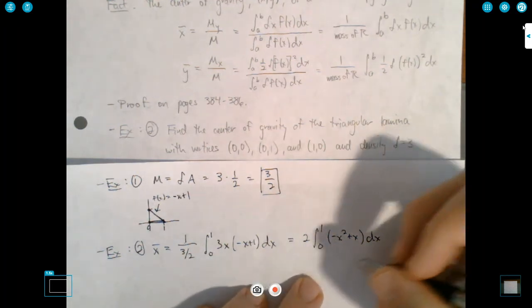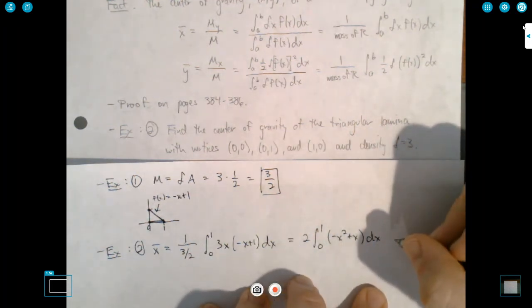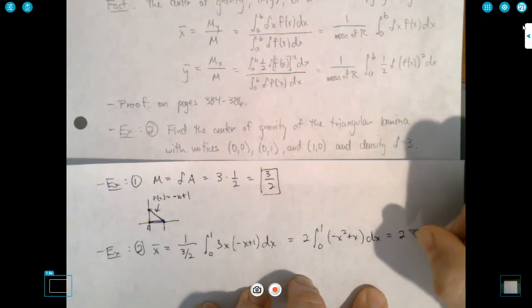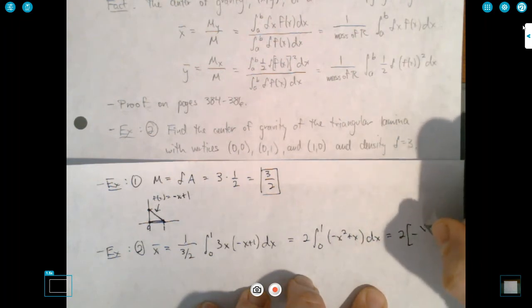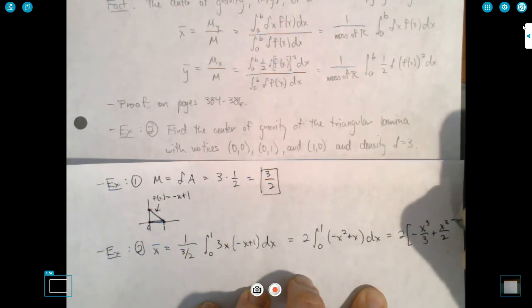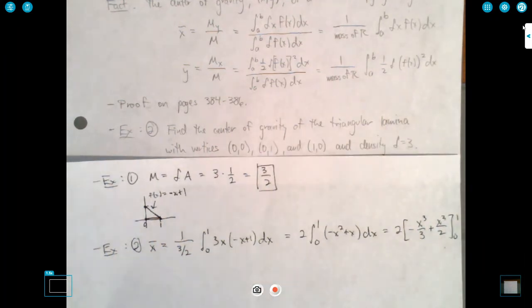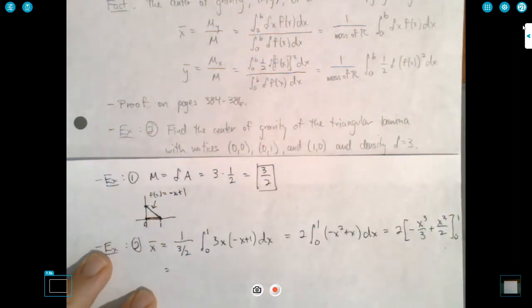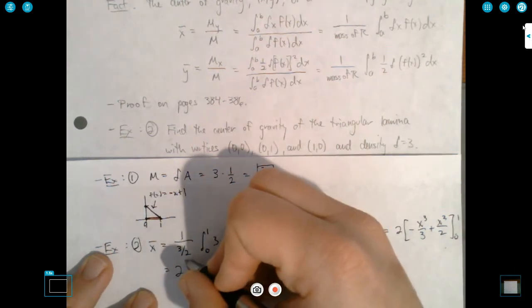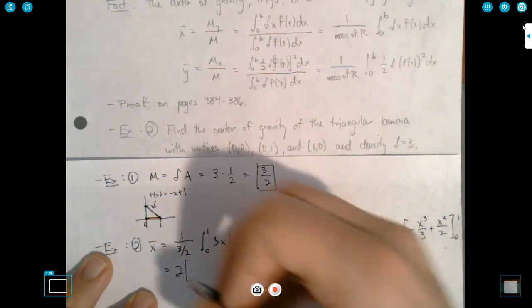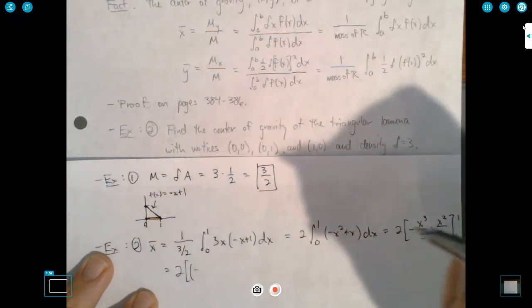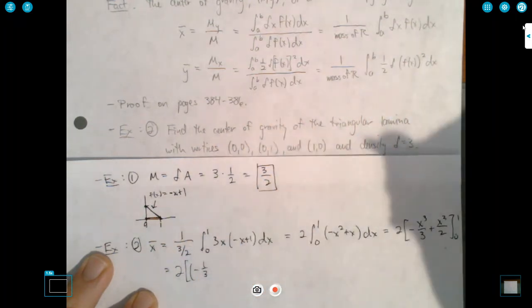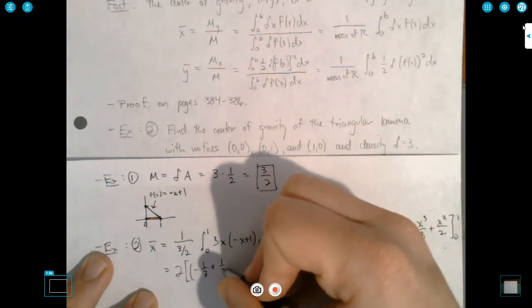Okay, so then that's going to be 2 times negative x cubed over 3 plus x squared over 2 from 0 to 1. So that's 2 times, when I plug in 1, I get negative 1/3 plus 1/2.